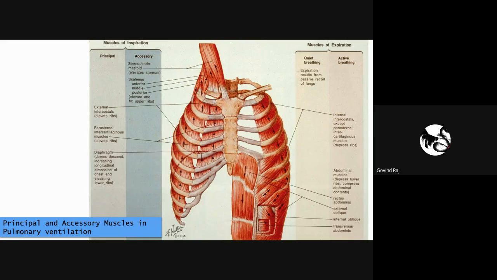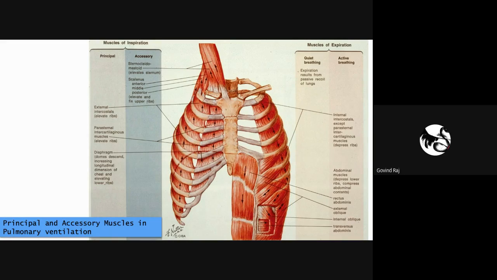The next group of muscles are the parasternal intercartilaginous muscles, seen in combination with the sternum and the ribs. These also contract and elevate the rib cage, so that the volume of the lungs is increased.